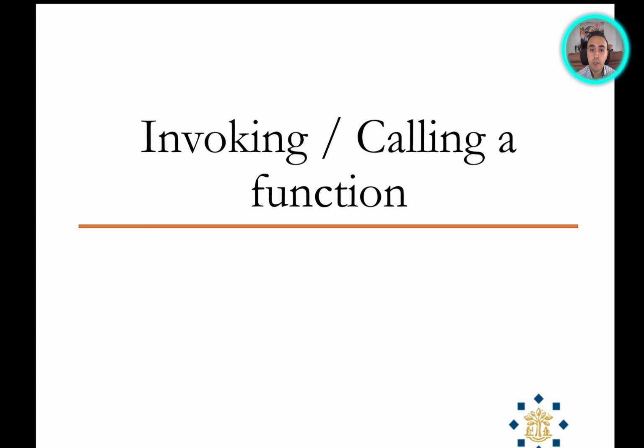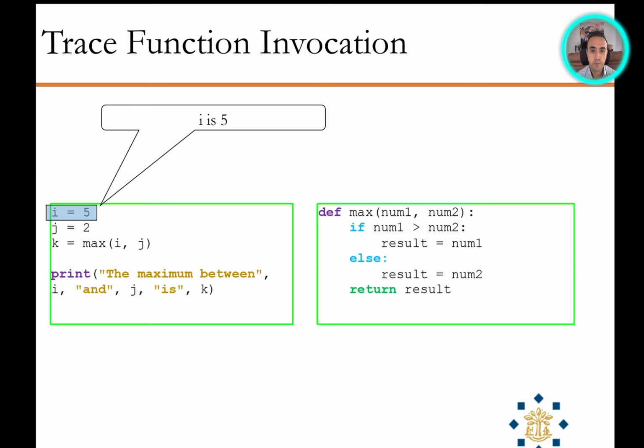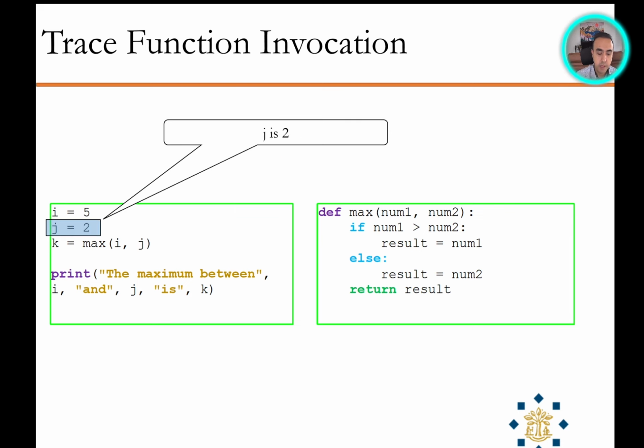Okay, so how do we call or invoke a function? So let's trace. This is our main method, and this is the function, okay? So here we start off with the main method. We have i equals 5, all right? And then j is equal to 2.